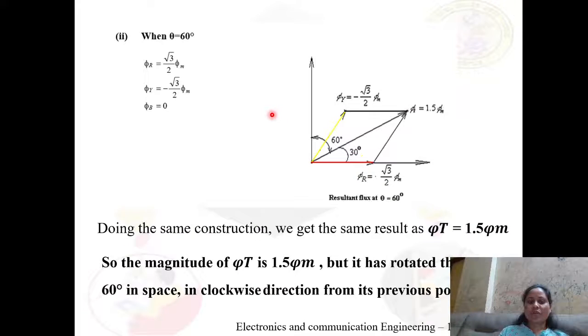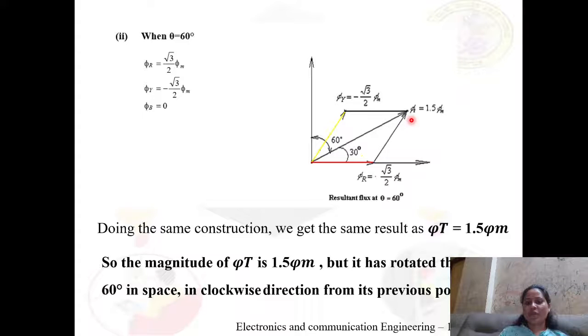So phi r is root 3 by 2 phi m, phi y is minus root 3 by 2 phi max, and phi b is equal to 0. Phi r is the positive flux. Phi y is negative, so we indicate its negative value like this, shown here with a yellow line, and the resultant of these two fluxes is phi r.